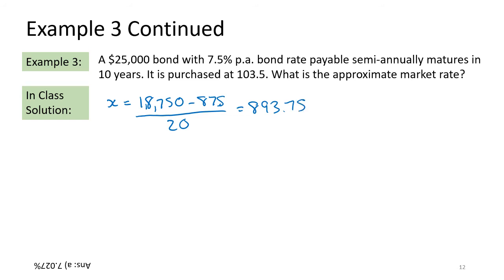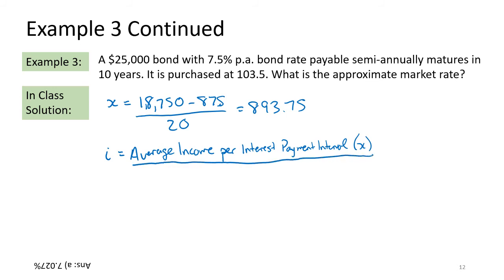Okay. So now we have all of our variables to calculate our periodic interest rate I. Remember, that's equal to our average income per interest payment interval, which I've called X, because you can see writing it out every time takes up almost the entire slide, divided by, in this case, our average book value.